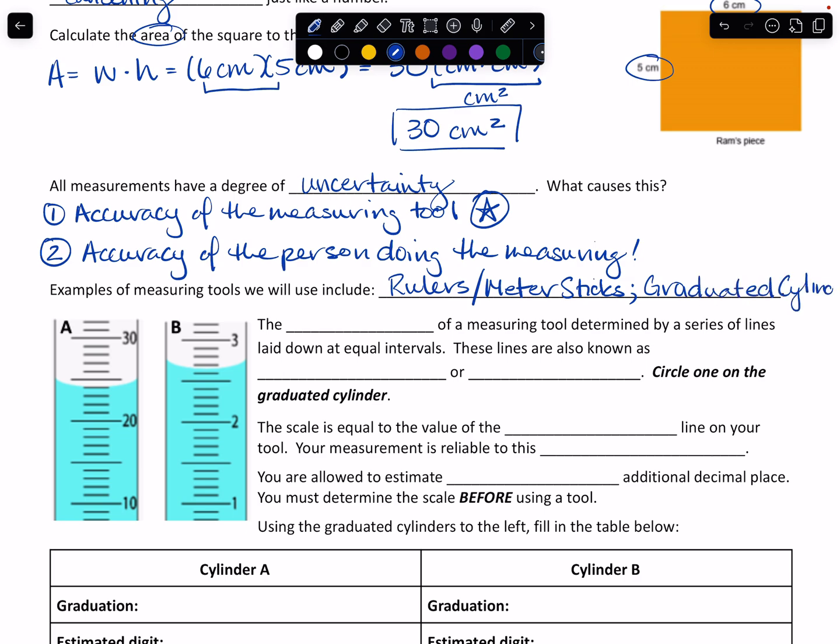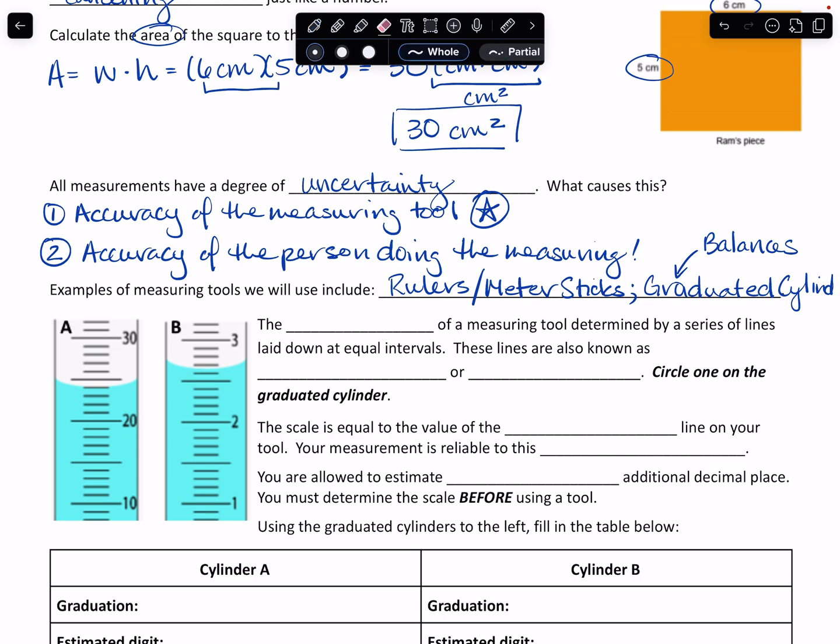And then we also are going to use things to measure mass, like balances. We could use triple beam balances, but we tend to utilize electronic balances. There are other things that we might use in the lab sporadically depending on the experiment, but these are going to be our main tools: rulers, meter sticks, graduated cylinders for volume, and then balances for mass.